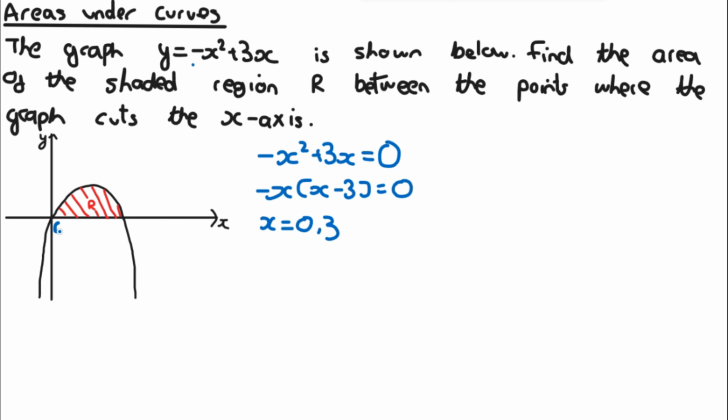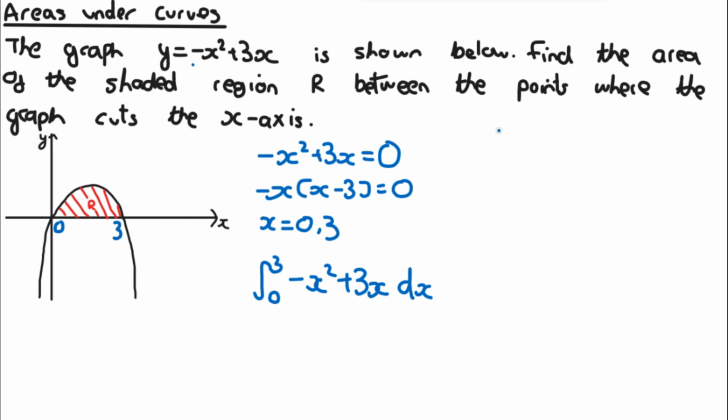So it's going to be 0 here and then 3 here, and therefore we know the integral that we're going to make now is going to be the integral between 0 and 3 for this curve. So minus x squared plus 3x and then dx. So let's integrate it first and integrate the terms individually.